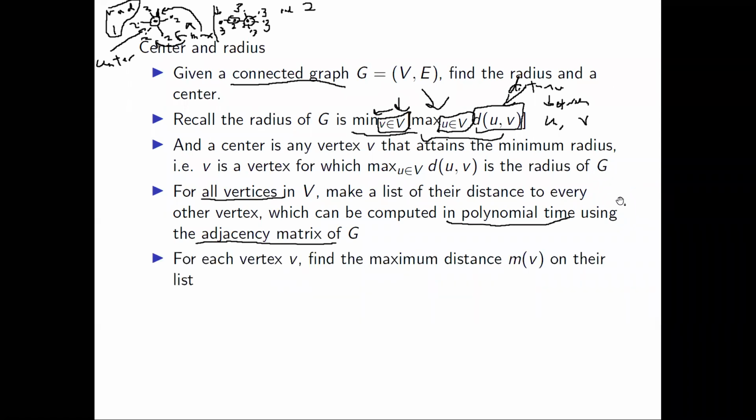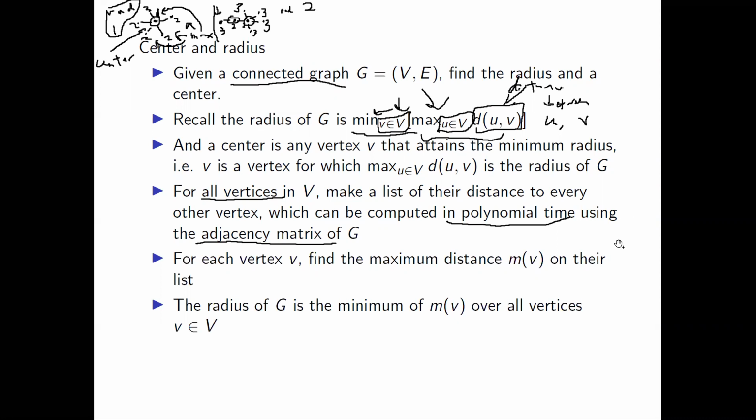And then for each vertex, we can find what's the maximum distance on its list. So each of the vertices, we have a list of its distances to all the other vertices, and we just pick the maximum distance for each vertex v, and we'll call that M of v. And the radius is just the minimum value of M of v over all the vertices, little v, in the vertex set.